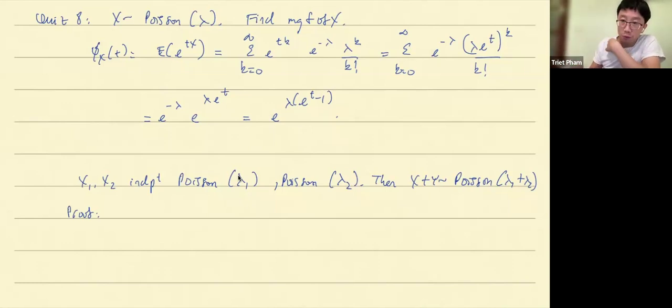But you can do an MGF proof. So phi of X1 plus X2 at t is phi X1 times phi X2. Now, each of them will have this form.